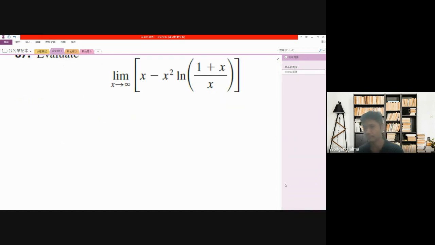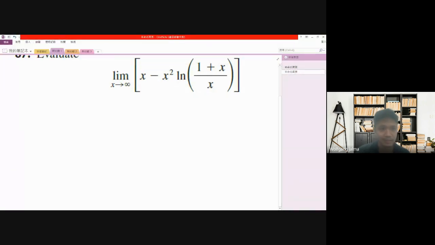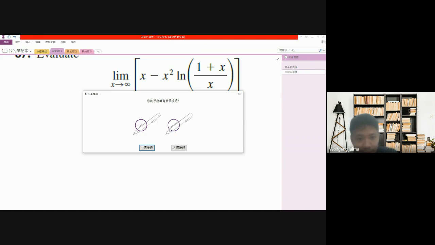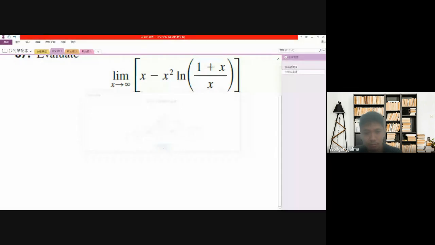Okay, so as you can see here, the problem, we want to do the L'Hopital rule with this problem.